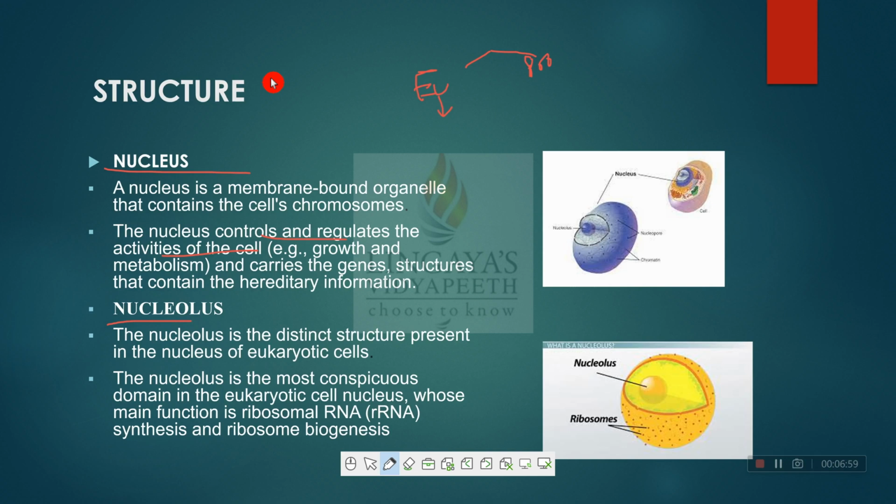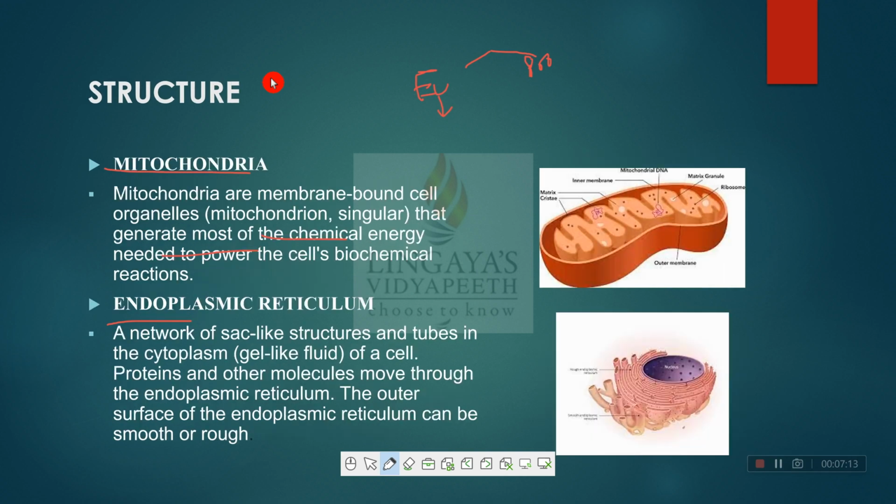Alright, so nucleolus is present only in the eukaryotic cell. The function of the nucleolus is synthesis of the ribosomal RNA and biogenesis of the ribosomes.